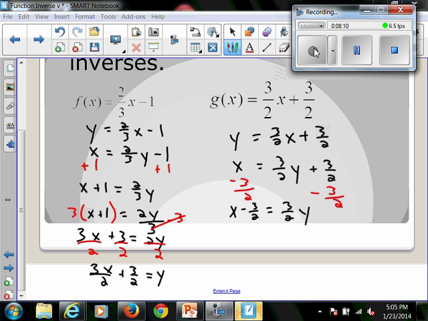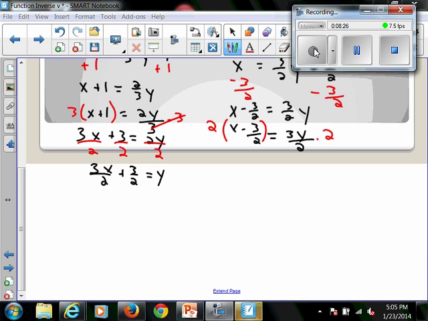Okay, now we need to rewrite this. Put the y in the numerator. Going to multiply by the denominator. We have 2x, subtract 3, 2 times 3/2 is just 3, times 3y. Now we're going to divide by 3. So we have 2/3 x minus 1 equals y.